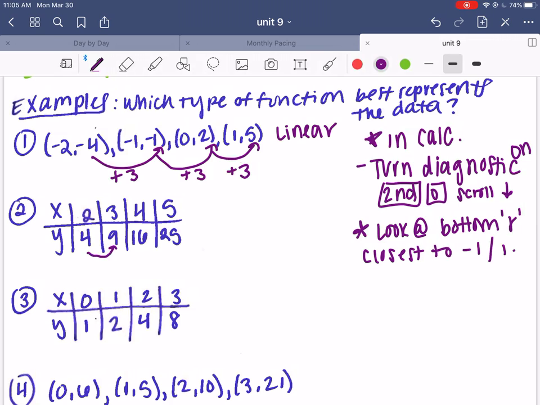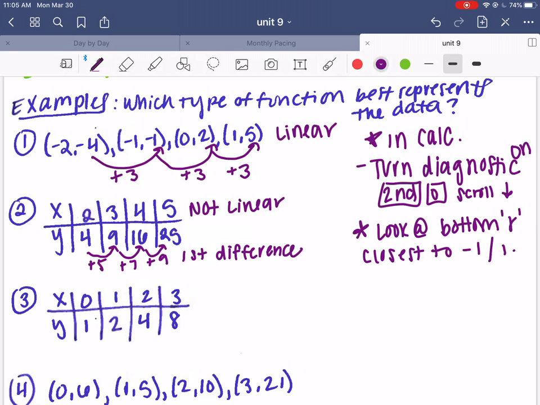All right, so moving on to number 2, looking at your y values. If we didn't have a calculator, notice I'm going from 4 to 9, I'm going up 5, from 9 to 16, I'm going up 7, from 16 to 25, I'm going up 9. So this obviously means that it's not going to be linear, because I do not add by the same number each time. This is called the first difference.